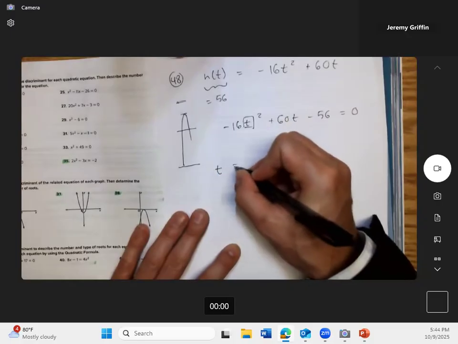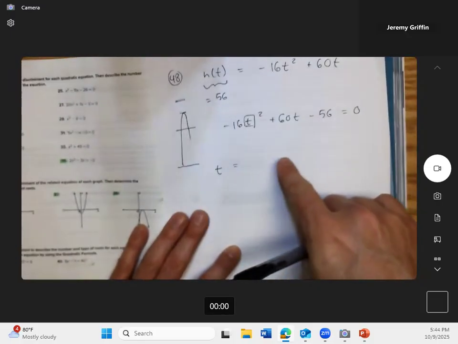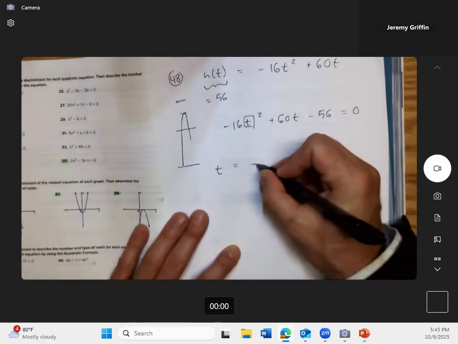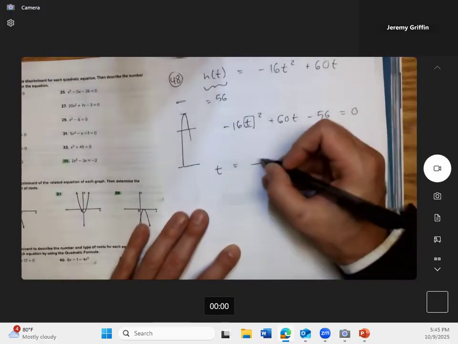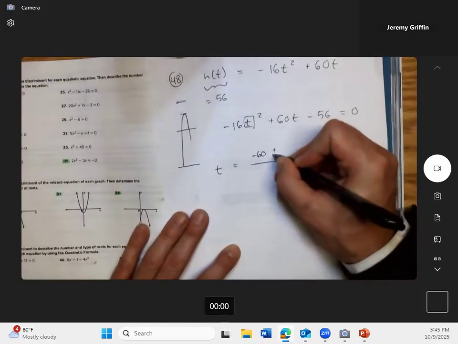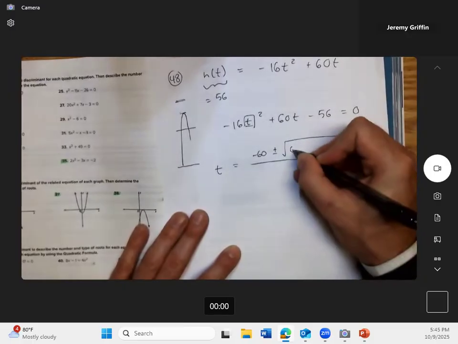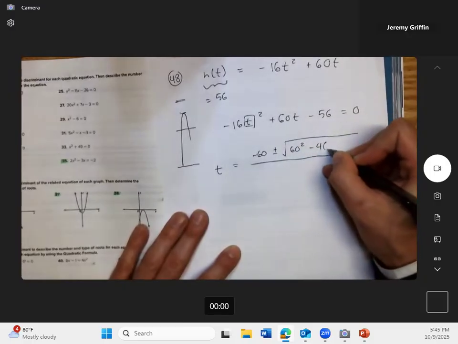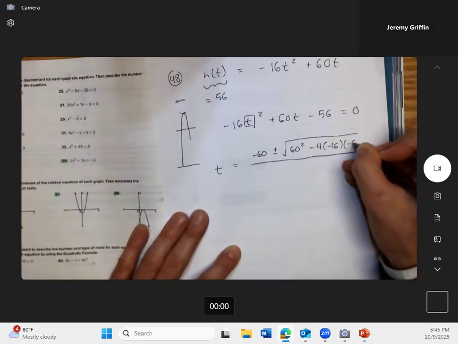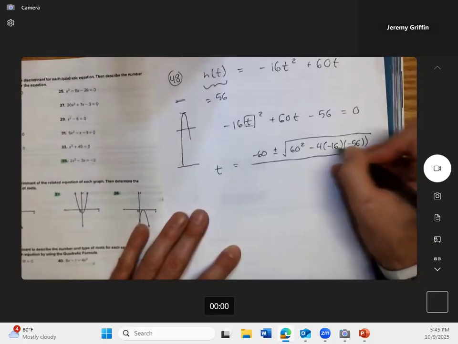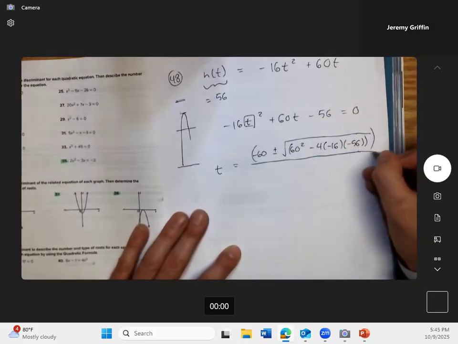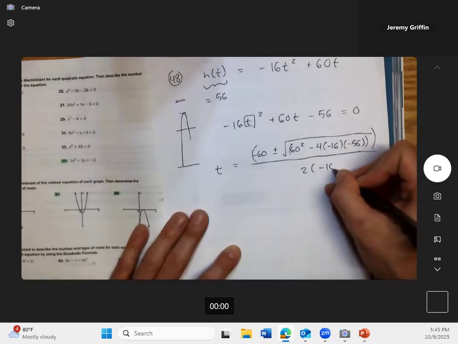So the time when it would be at the 56-foot mark, I can just solve this. Set up the quadratic formula right here: negative b plus or minus the square root of b squared minus 4ac, all divided by 2a.